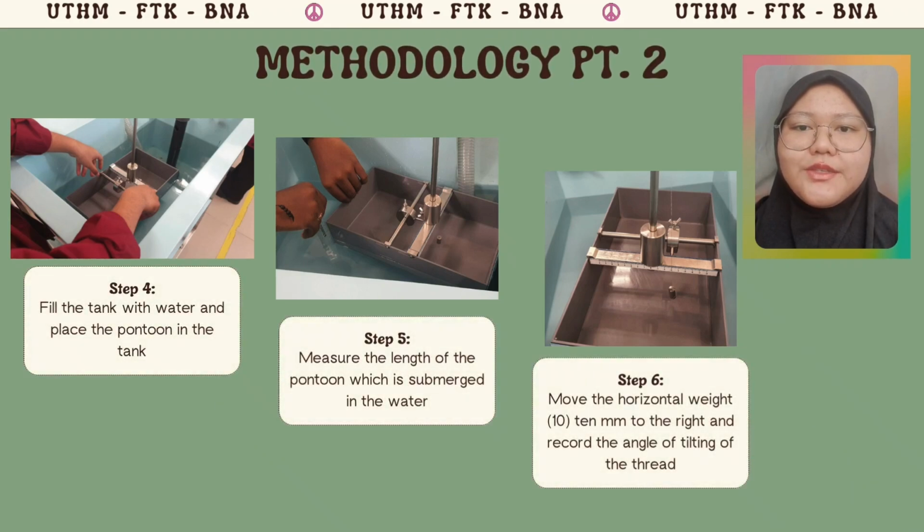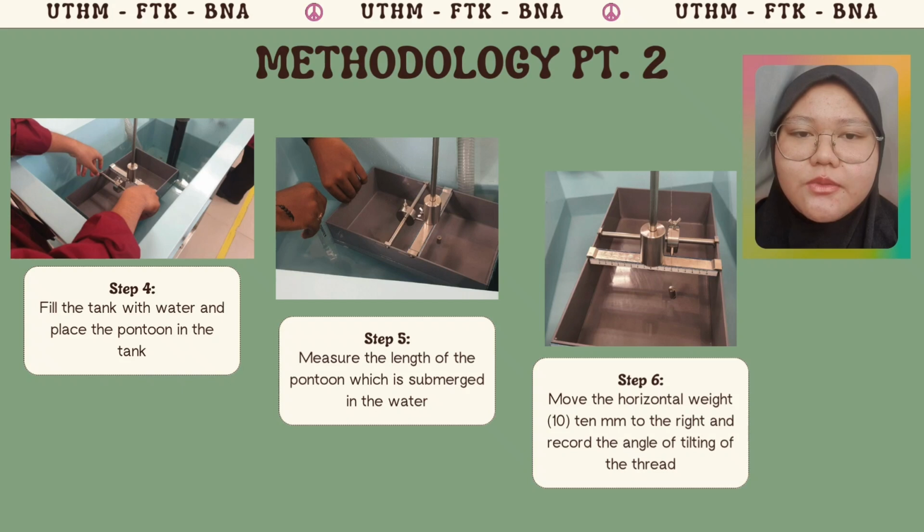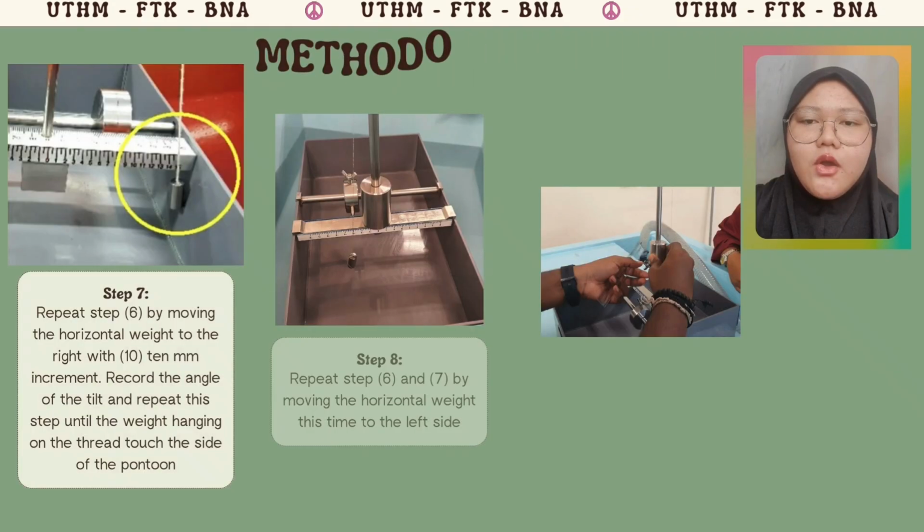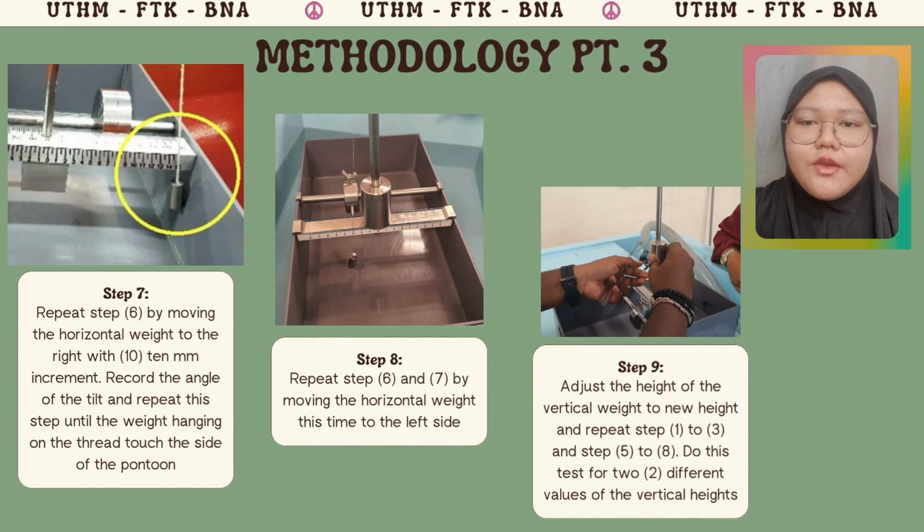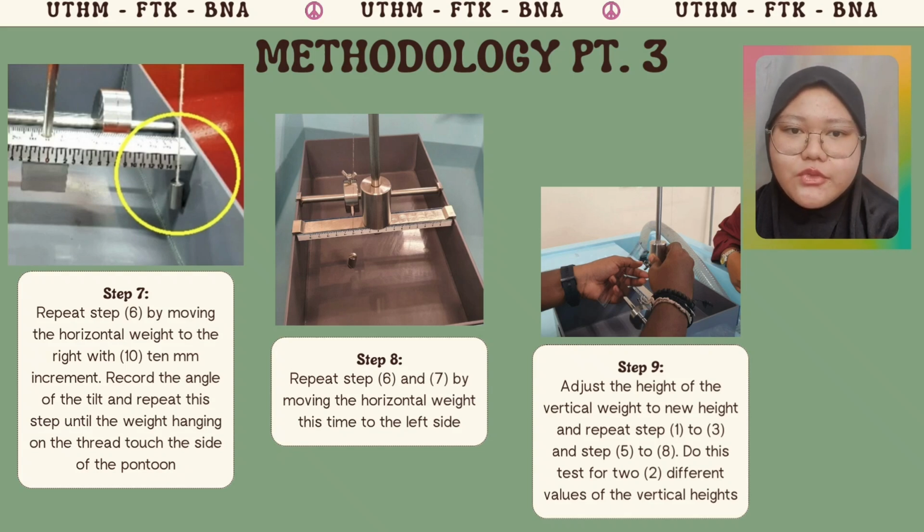Next, for part 2, step 4, we will be filling the tank with water and placing the pontoon in the tank. For step 5, we will measure the length of the pontoon that is submerged in the water. In step 6, we will move the horizontal weight 10 mm to the right and record the angle of tilting of the thread. For methodology part 3, step 7, we will repeat step 6 by moving the horizontal weight to the right with 10 mm increments, recording the angle of tilt, and repeating until the weight hanging on the thread touches the side of the pontoon.